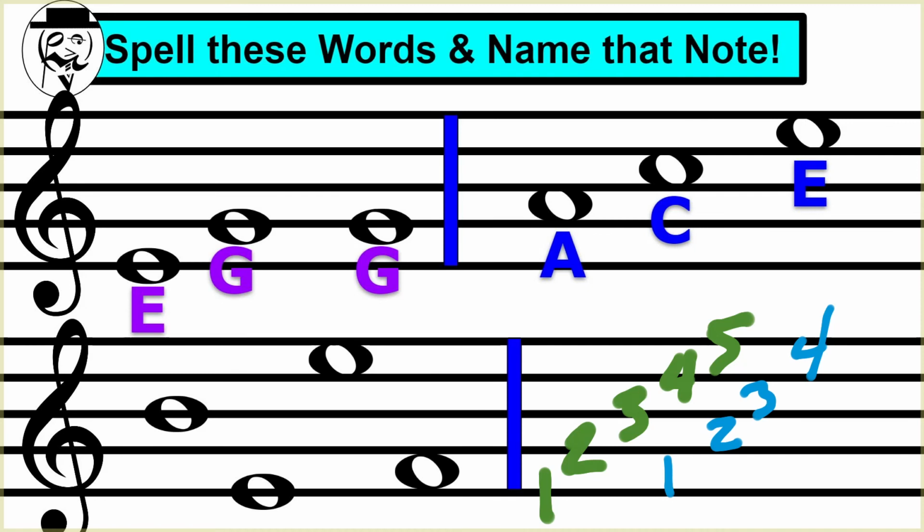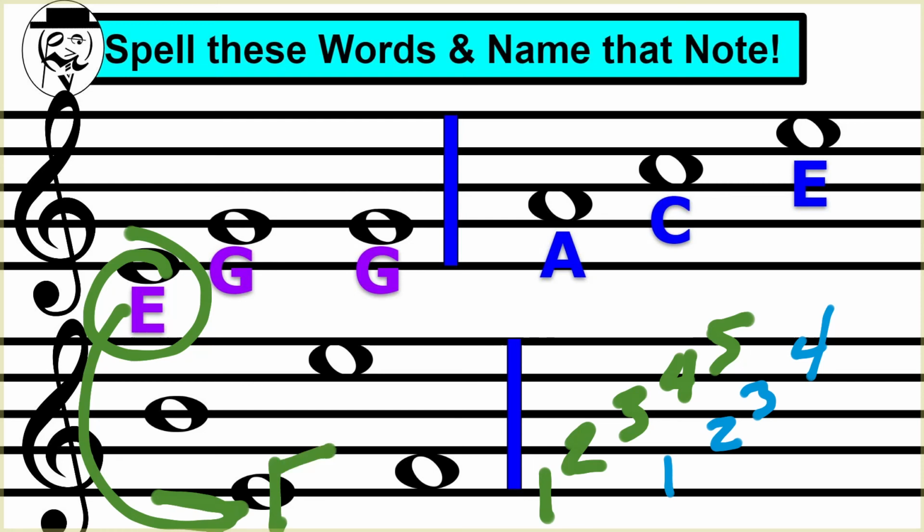And so if we recall from earlier examples, we can see that this first line actually is E. And so we've actually named that already before. And then we can also see that the next line would be G. So eagles go, okay, so this must be B, you think?